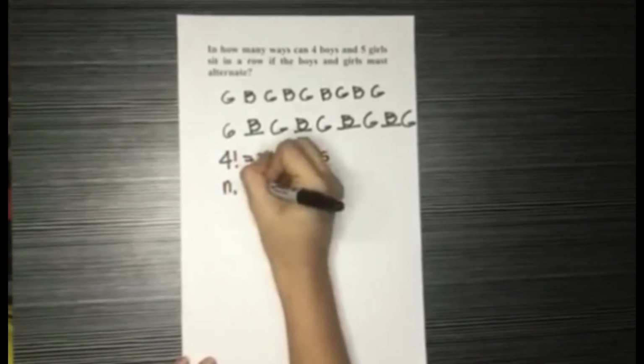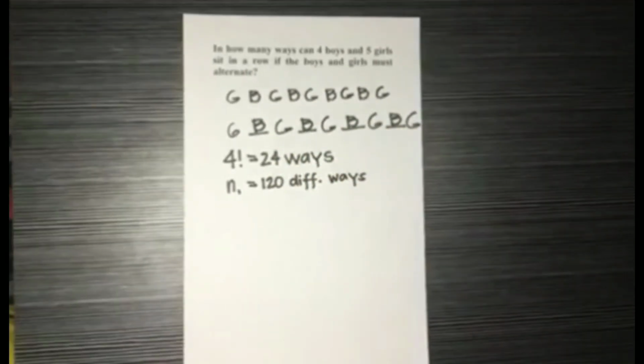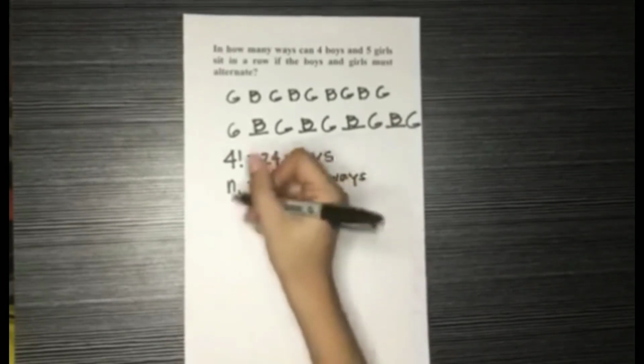If an operation can be performed in n1 ways, and if for each of these a second operation can be performed in n2 ways, then these 2 operations can be performed together in n1 times n2 ways. In our case, for the first operation, the number of permutations of 5 girls gives n1 equal to 120 different ways. Then, for each of these ways, the second operation, the number of permutations of 4 boys, can be performed in n2 equal to 24 ways.